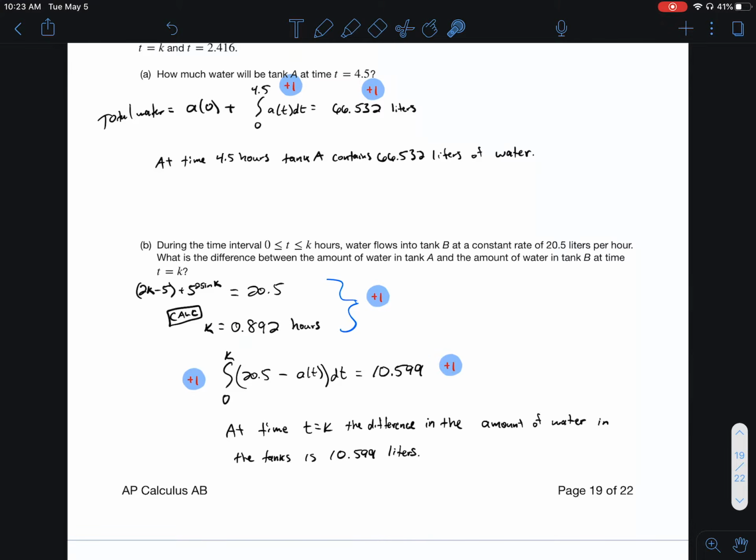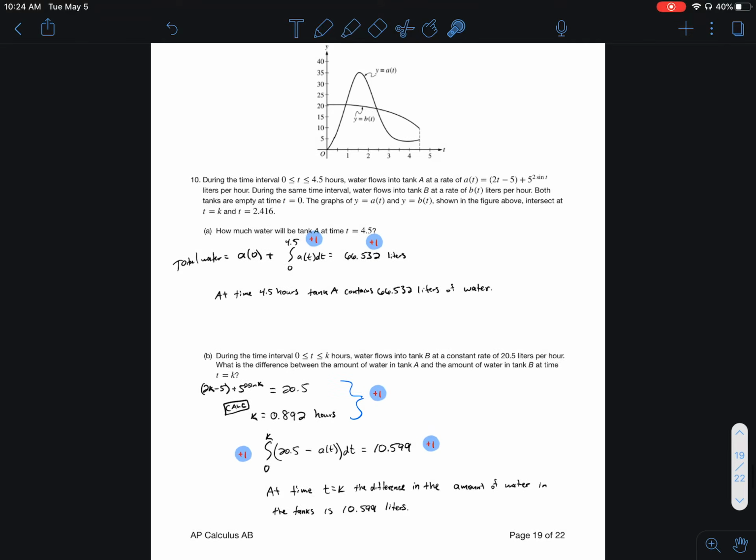Now that's just to start the problem. Because once we know what k is, then we can answer this question. During the time interval from 0 to 0.892, water flows into B at a constant rate of 20.5. And what's the difference between tank A and tank B?